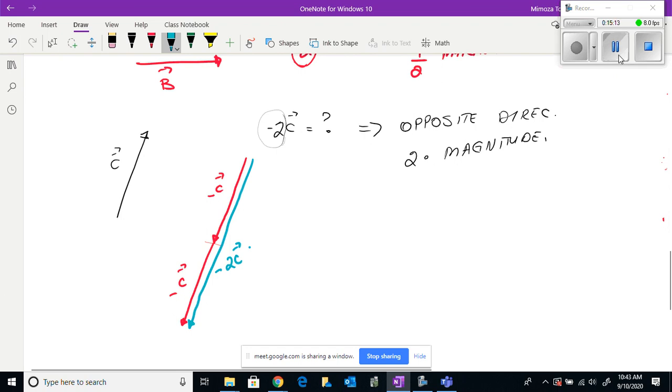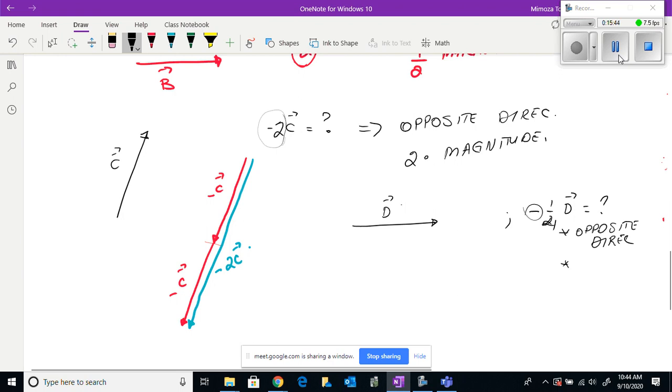But let's suppose we have a vector D that is like this. And now we are wondering, what is negative 1 over 4D? So opposite direction. Why? Because we have the negative coefficient here.